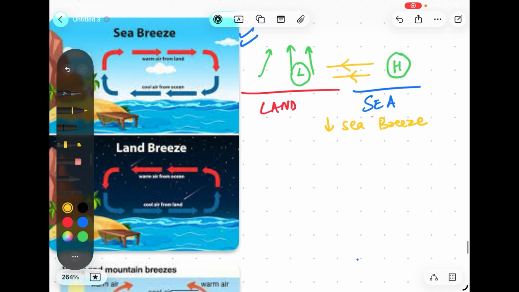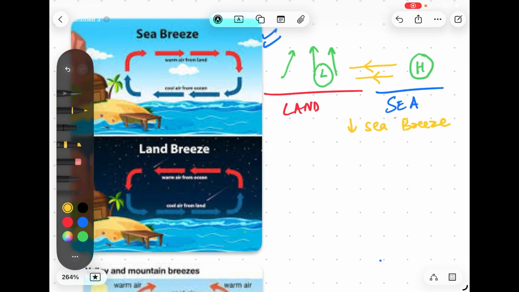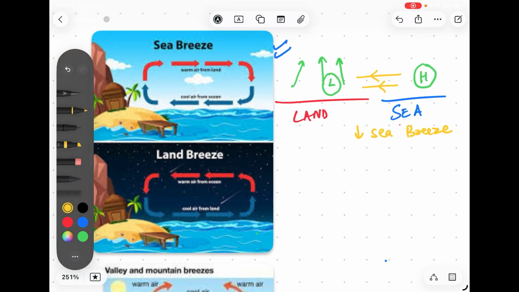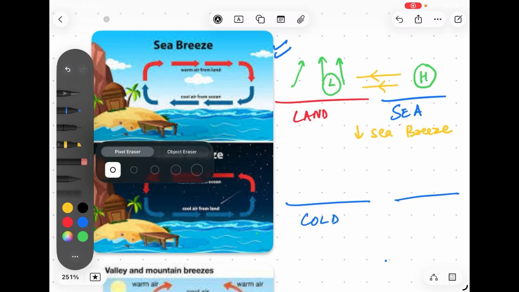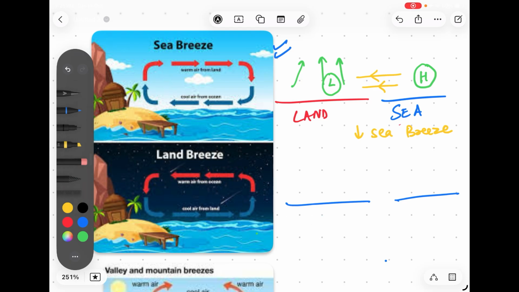And during night, what happens is the exact opposite. Now my land is colder, and my sea is comparatively hotter, because the entire day it was getting heated. Now it will take time to cool down, but land cools down faster.